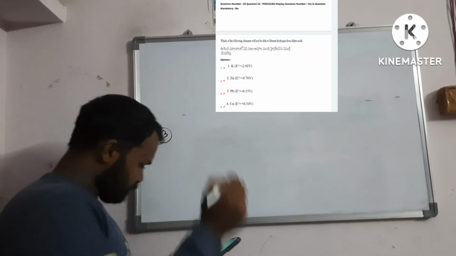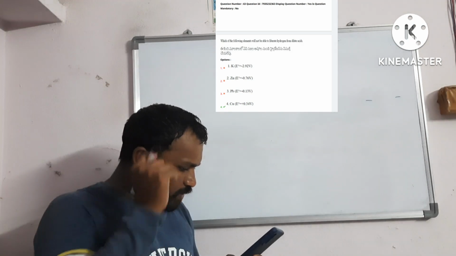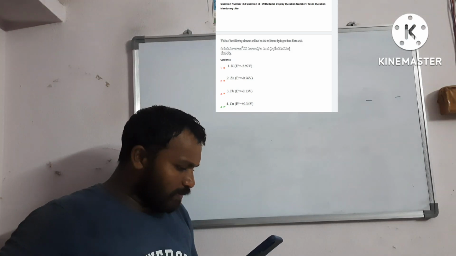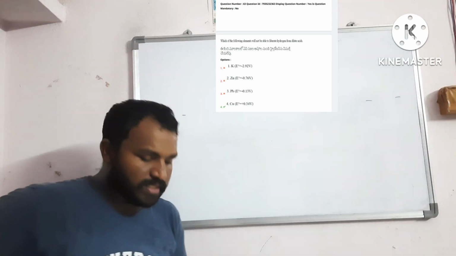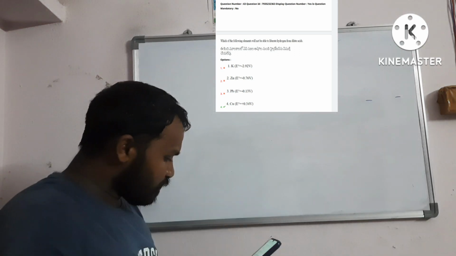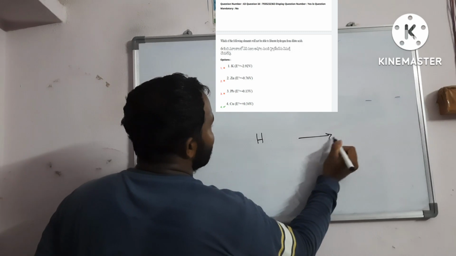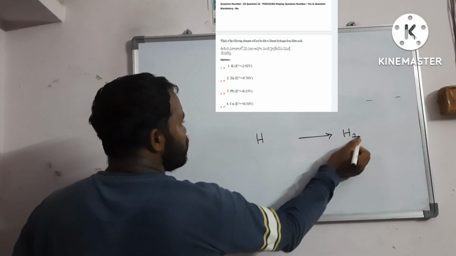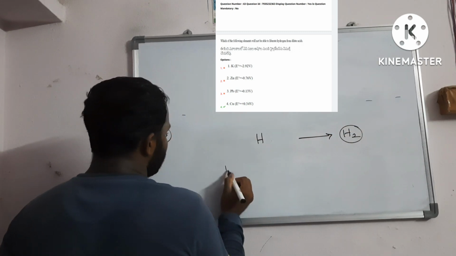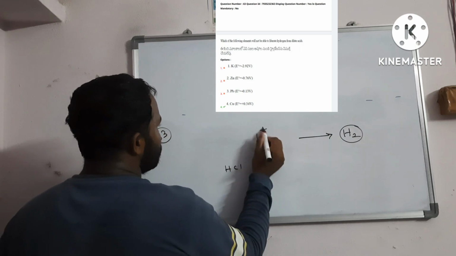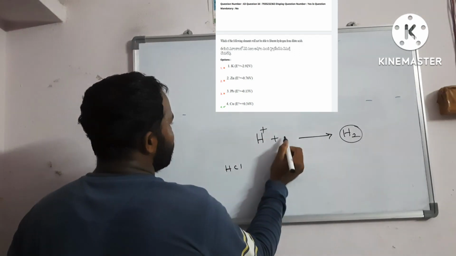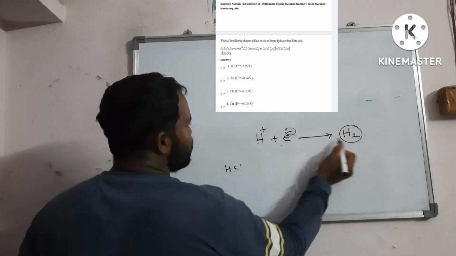Which of the following elements will not be able to liberate hydrogen from dilute acids? Dilute acid gives H plus. For example, HCl is H plus and Cl minus. This H plus, by gain of electron, can convert into hydrogen.